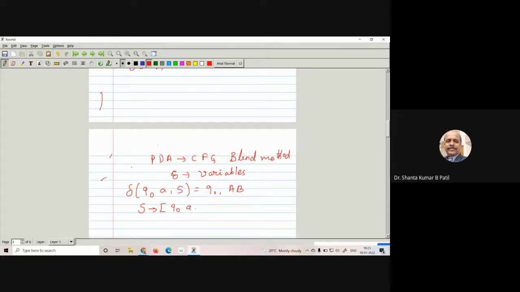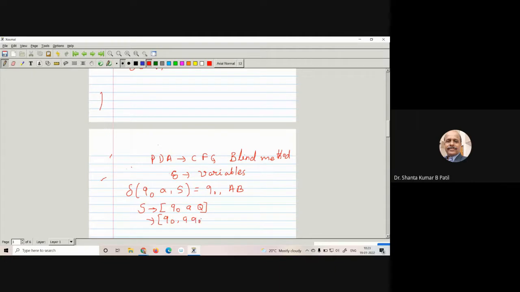okay, then terminal and q. Here the terminal is a. So q naught a q. In the PDA or in the CFG, you can find two states. One state will be q naught, and this a is a as it is.